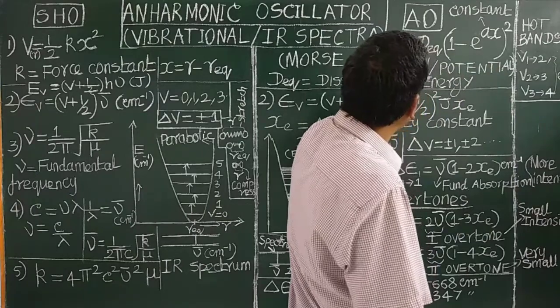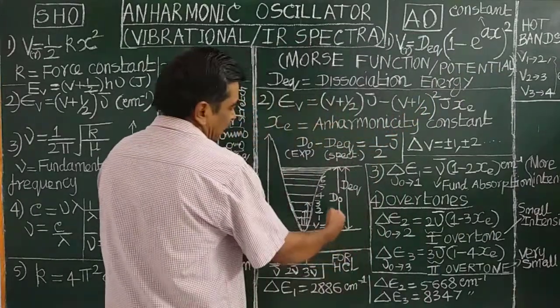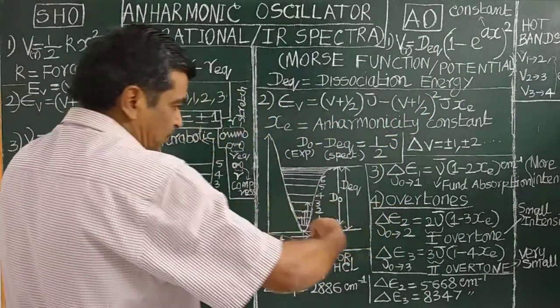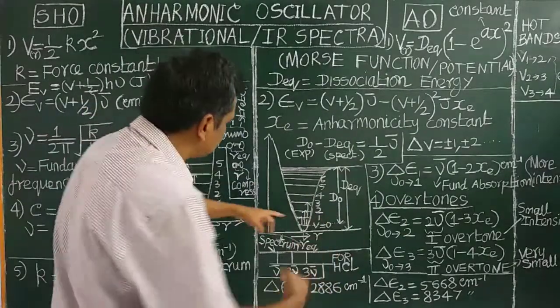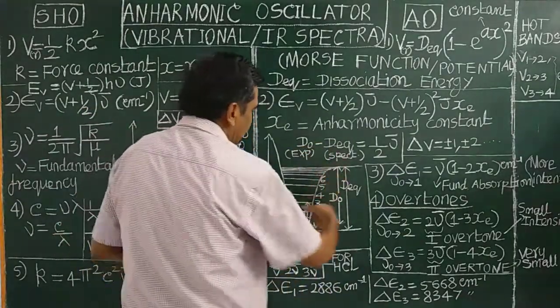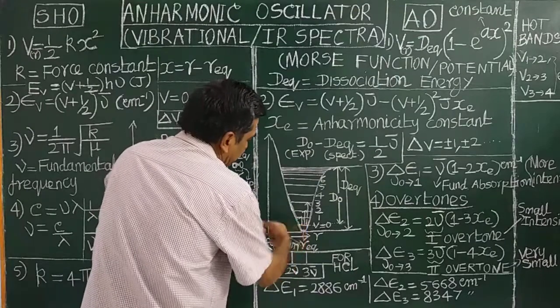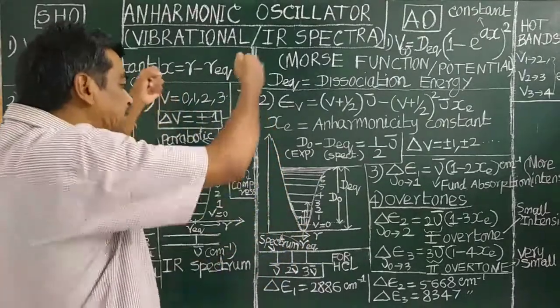The potential energy is a function of R. If you stretch a bond, the potential energy increases this way. If you compress, so the bond length decreases, the potential energy again increases.